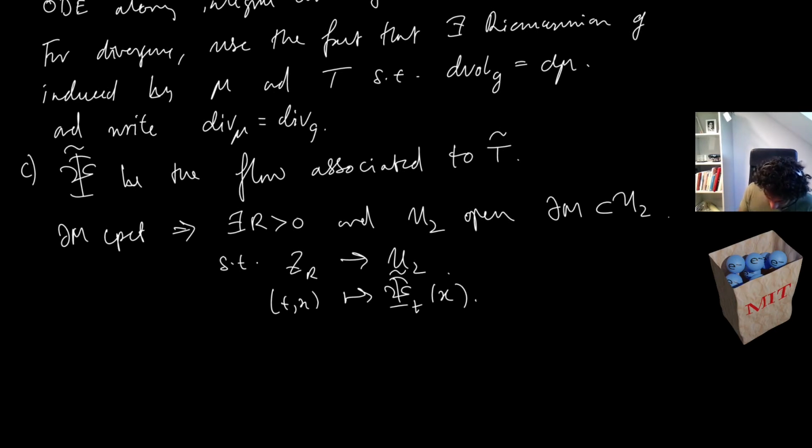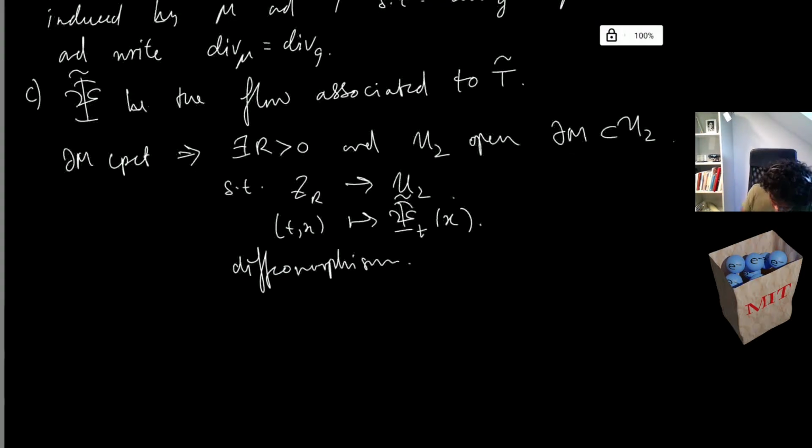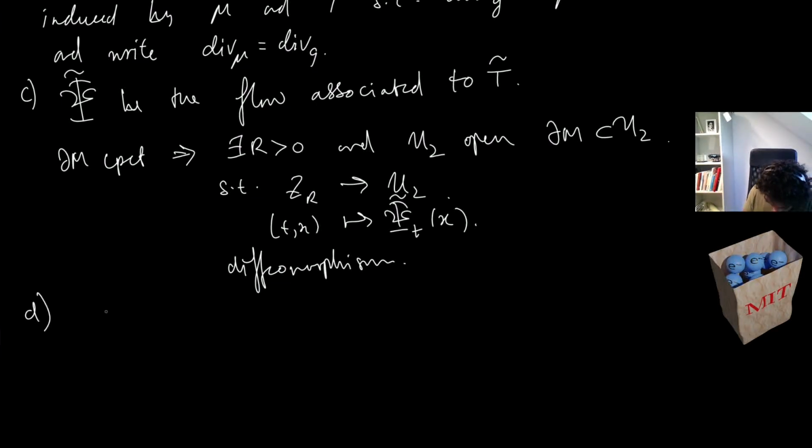Because by compactness we have some R such that this is a diffeo, right? So possibly we might need to shrink the neighborhood U again, so we obtain U2. Okay, so now we set phi equal to exactly the tilde inverse.